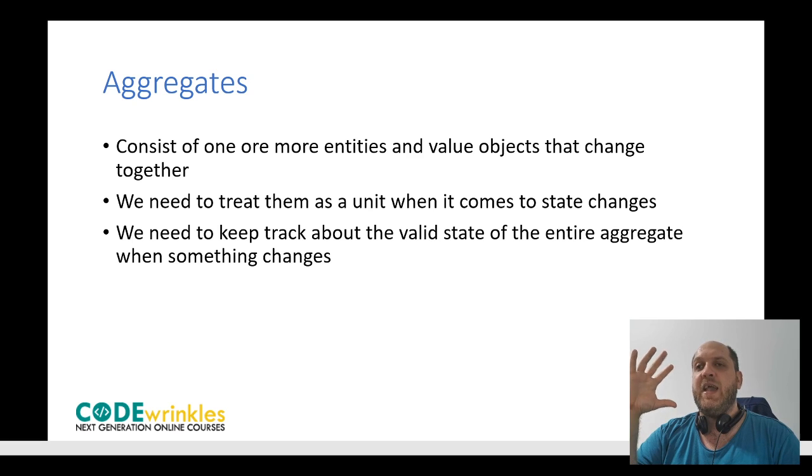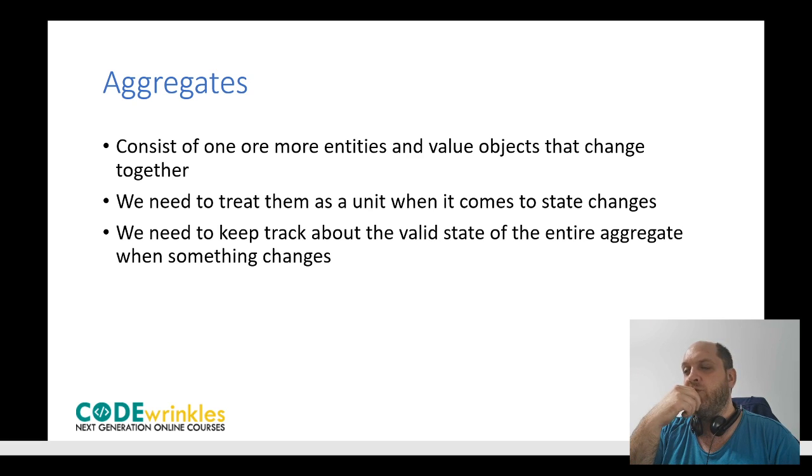So at the aggregate level, we should always make sure that everything that interacts with our aggregate doesn't put the entire aggregate at risk of being in an invalid state, which is very important.